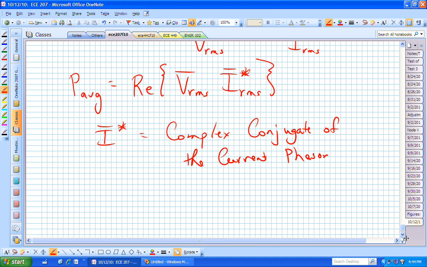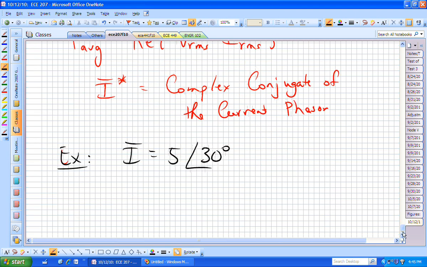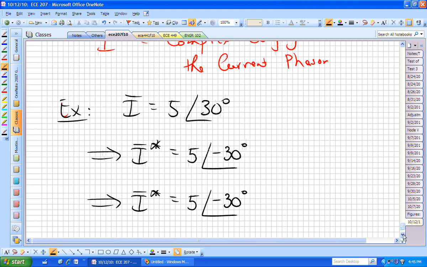As an example, if I start with something like this, what's the conjugate? Another gift on exam number 2. None of the above? You just have to negate the angle, don't you, to find the conjugate. What if I gave it to you in rectangular form?